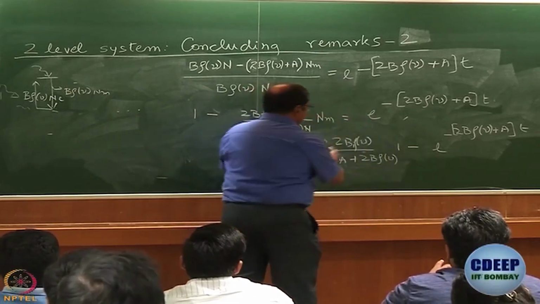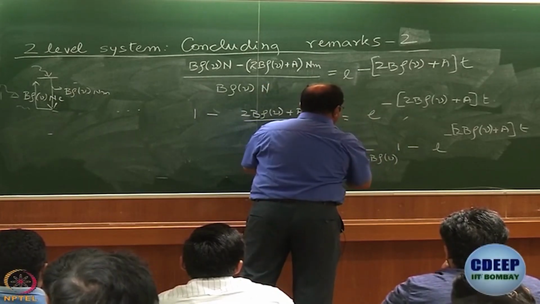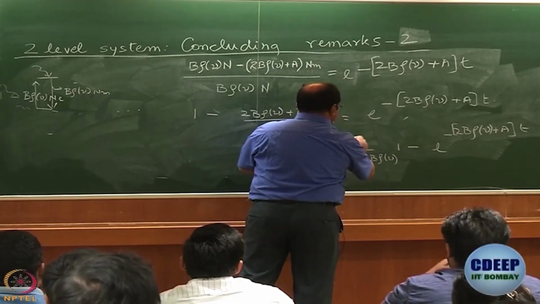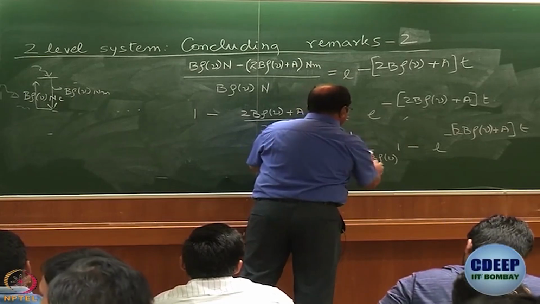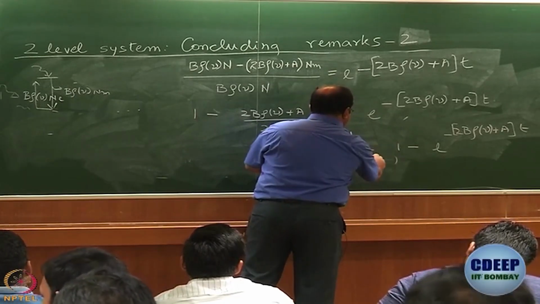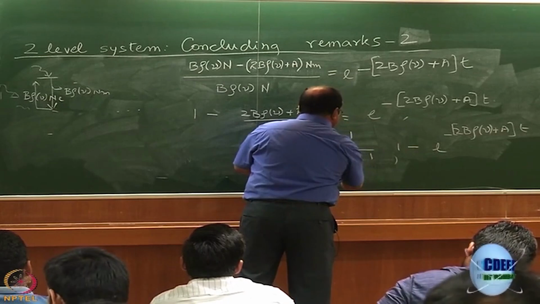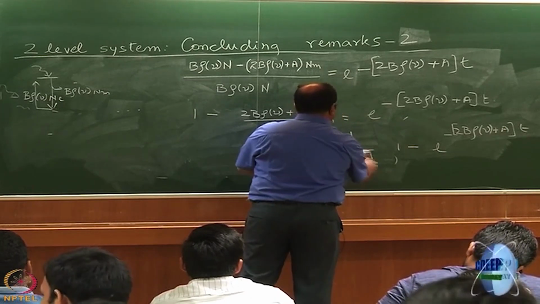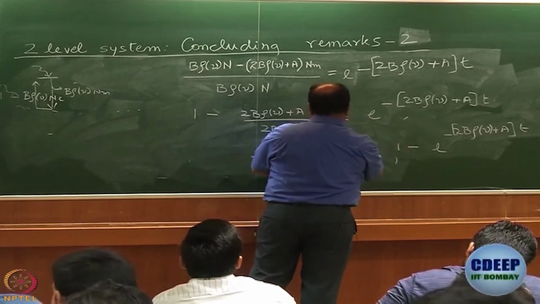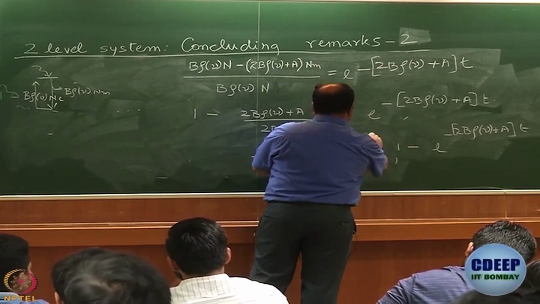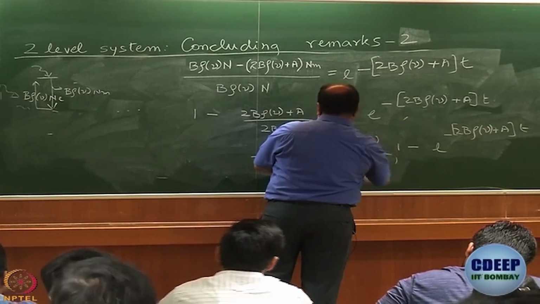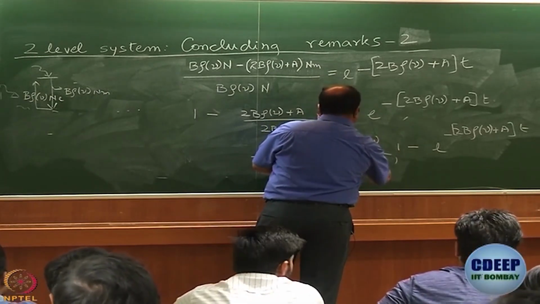Is that right? Now I'll divide. I get 1 here, I get 1 here, and the rest is not required. This is enough actually.